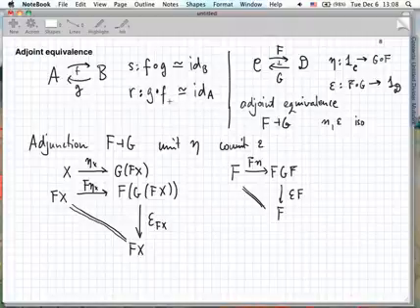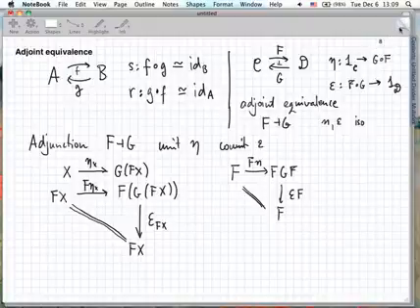Mike wrote in the Coq files, he wrote R in this way. When I looked at this, I was tempted to turn it around, just so that it looks more like the usual adjoint equivalence. And maybe I will do that. But for the time being, I want to stick to what's in the file. I'll use this R. So maybe I have to beware that eta maybe gets turned around or something.